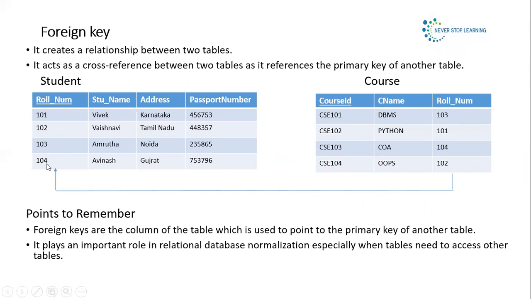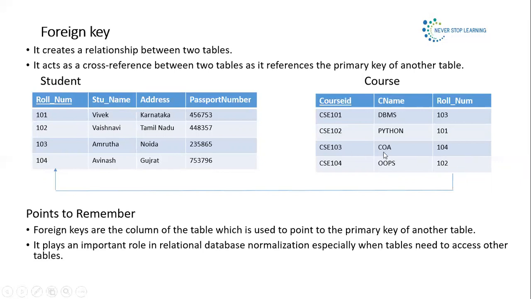Now let us suppose we want to change Avinash's roll number from 104 to 108. Now if I do that, the entire thing here will get changed, right? So when a foreign key is referring to a parent table, we are not allowed to change or modify the value of the parent table's primary key, because another table is dependent on this.